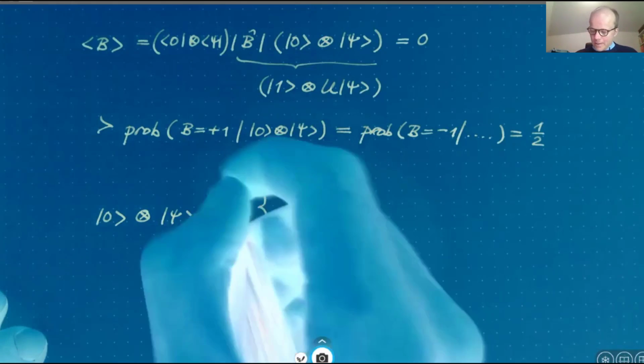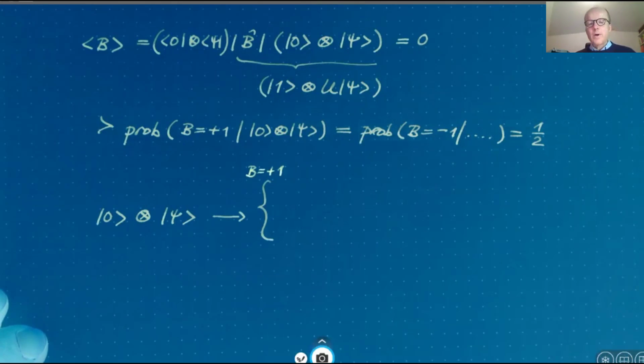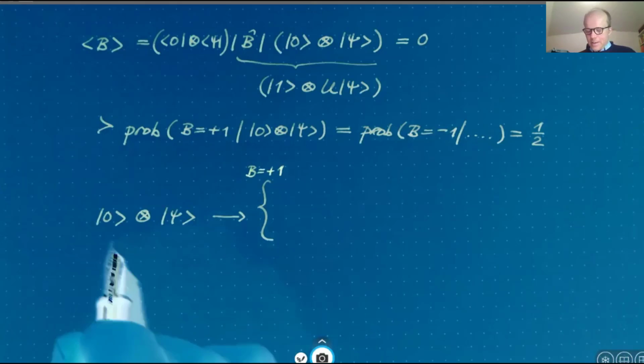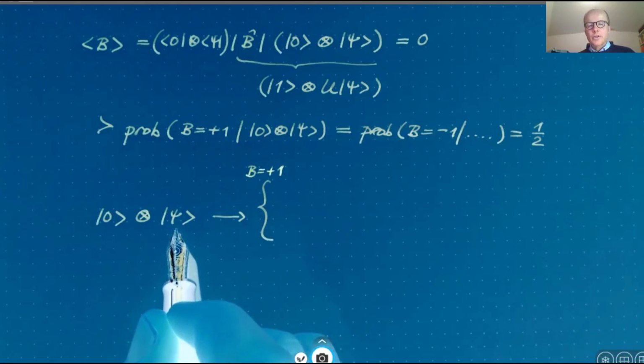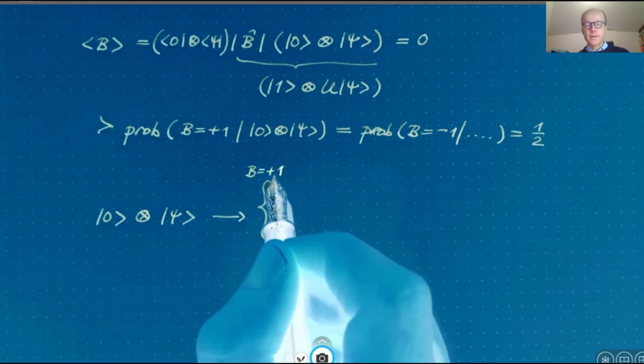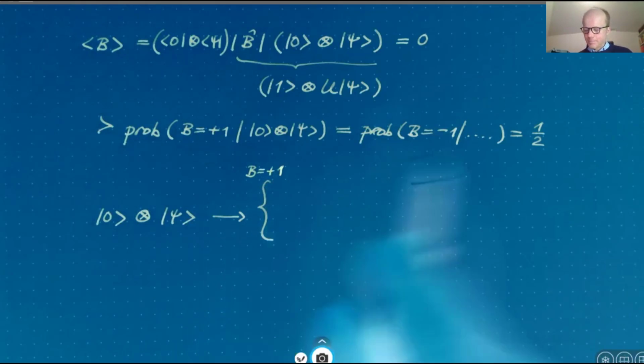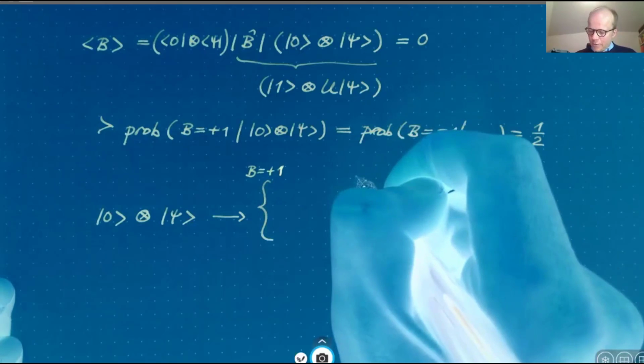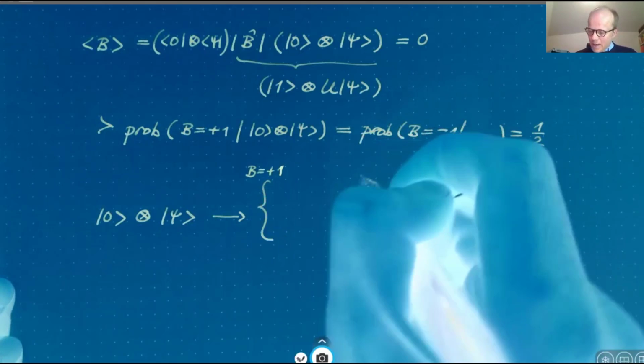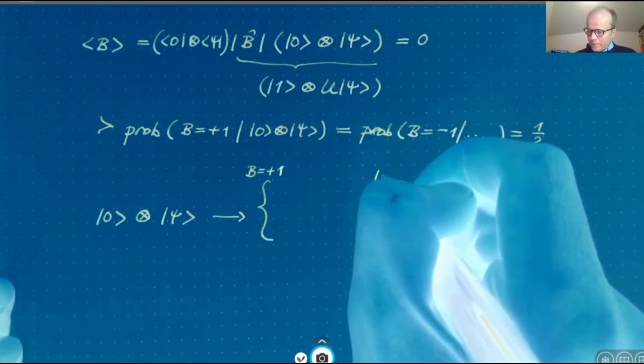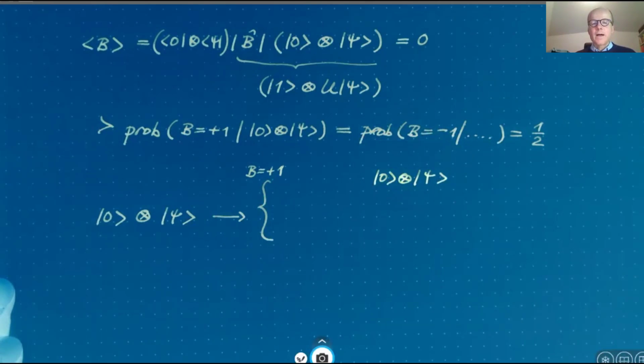So if +1 was measured, then the initial state is projected onto the eigenspace corresponding to the eigenvalue +1. So we have to apply to the state 0 tensor psi the projection operator that does this projection.